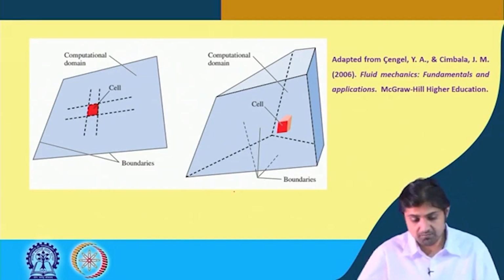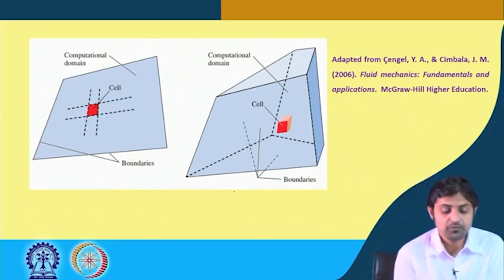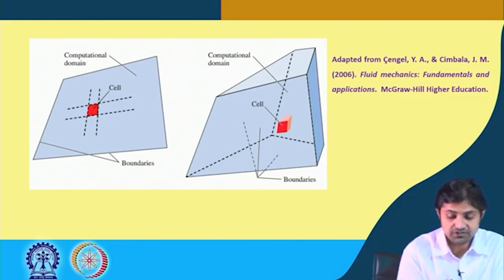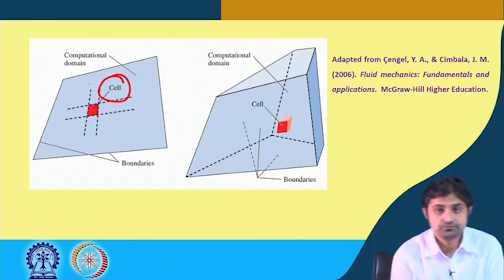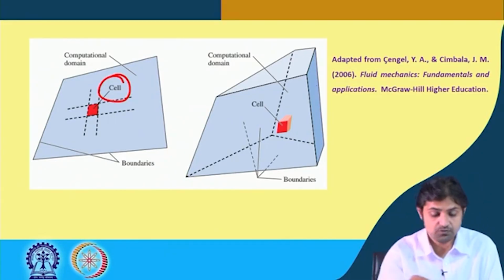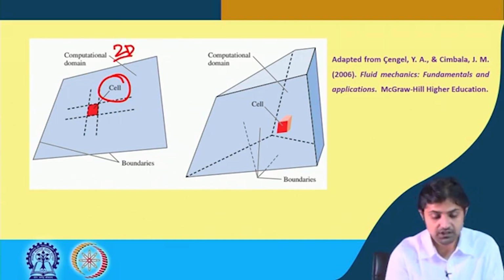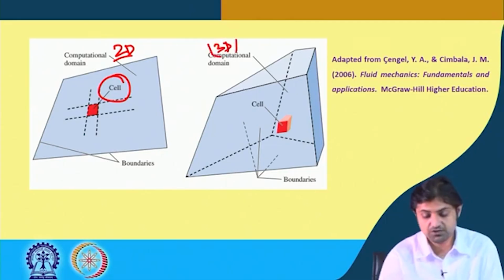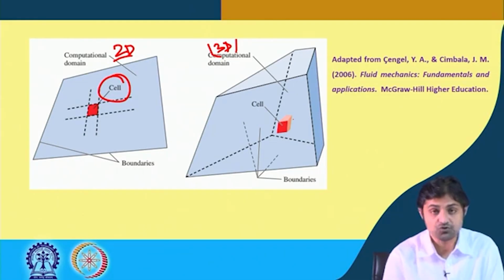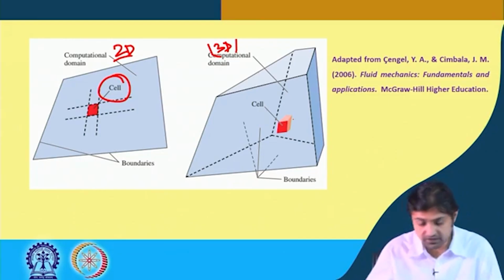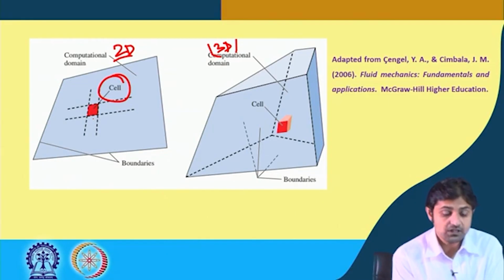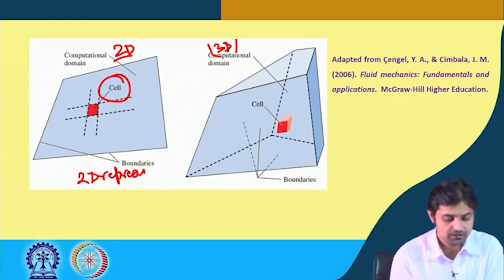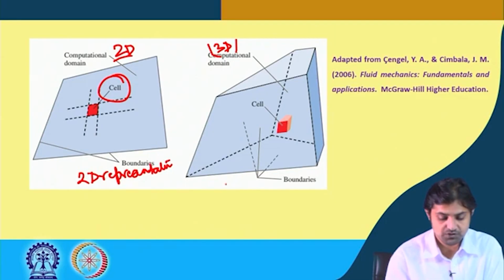So, this is an example where you see it is a 2D domain and therefore, this is a cell. In the computational domain it is 2D. This is a 3-dimensional computational domain, and you see these are like volumes, or you can also think in a way that for the same object we have shown a 2D representation and we have shown a 3D representation.